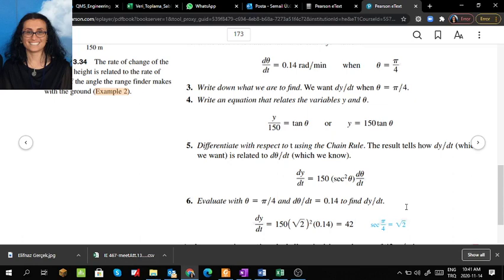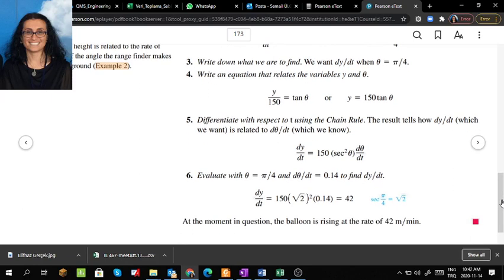Cosine pi over 4 is square root of 2 over 2, and when you take the reciprocal, you get square root of 2 on top. So it's square root of 2 squared times 0.14, and you get 42. At the moment in question, the balloon is rising at the rate of 42 meters per minute.